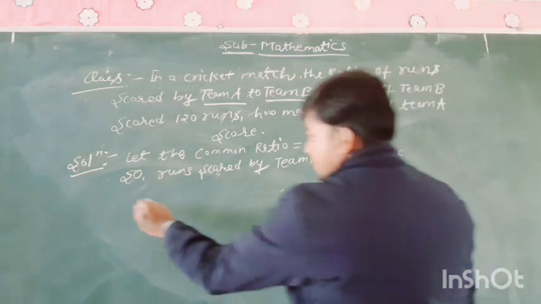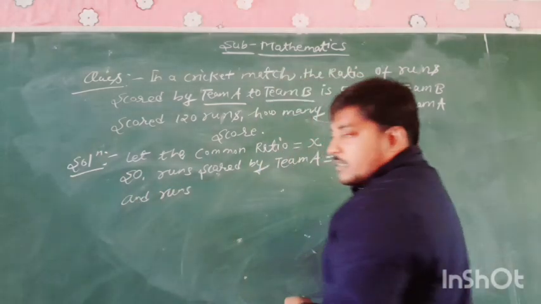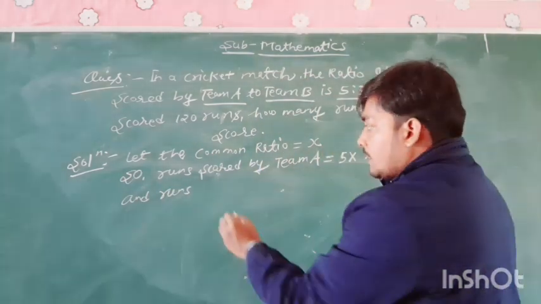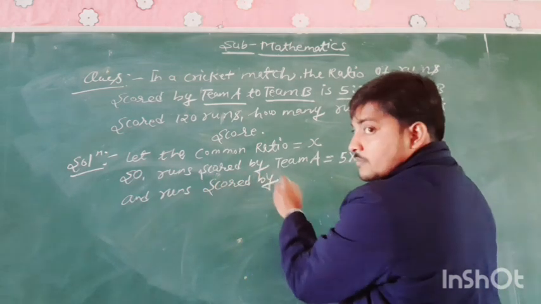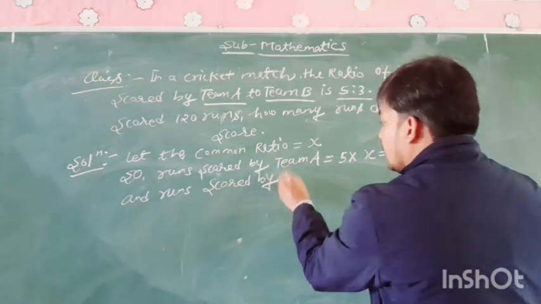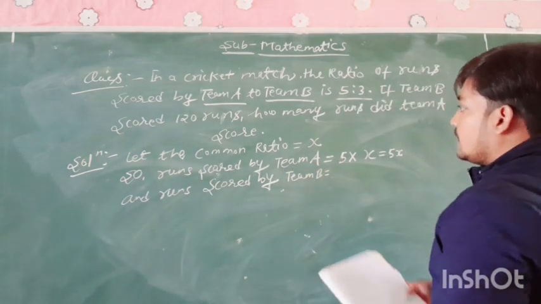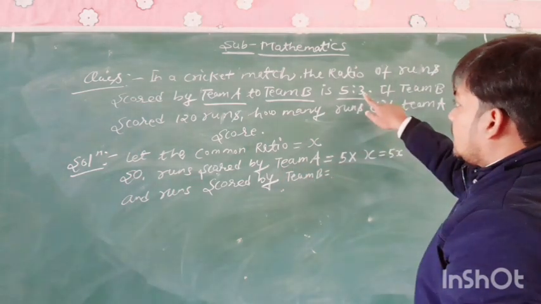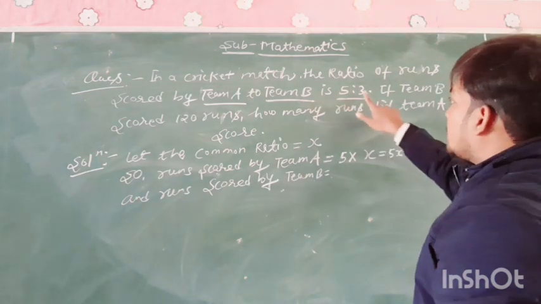And runs scored by team B, which in the ratio is 3.